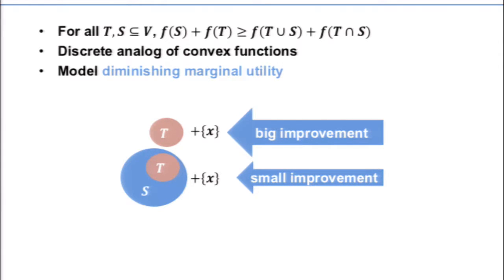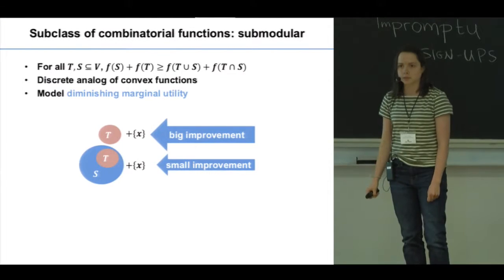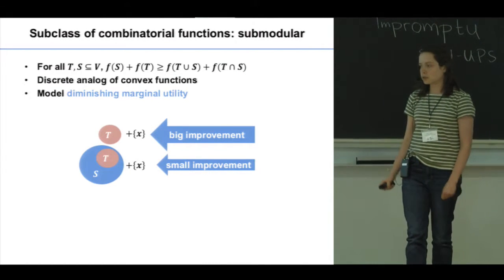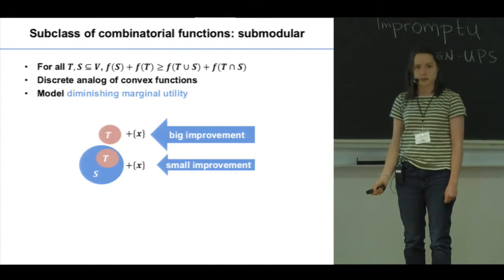And one subclass of combinatorial functions that is ubiquitous in machine learning, computer science, and many other scientific fields are submodular functions. They're generally regarded as the discrete analog of convex functions, and they're especially prevalent in microeconomics because they model consumer diminishing marginal utility.